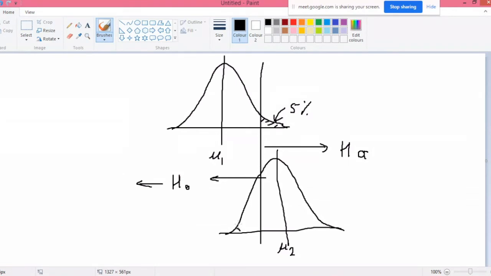And beta risk is here. This is alpha risk and this is beta risk. Beta risk is between 10 to 15%. Now, what do you mean by alpha risk?